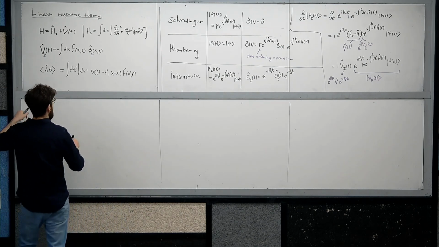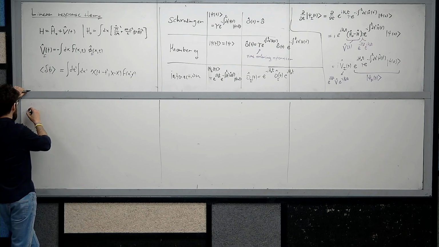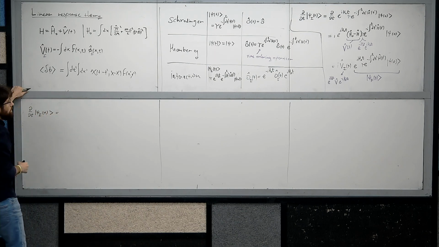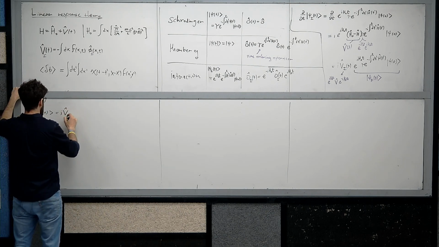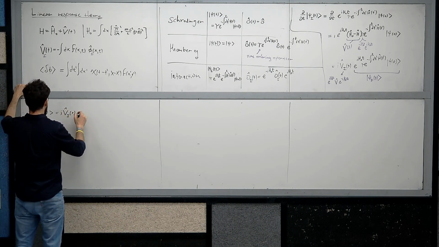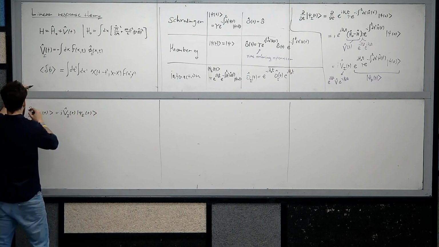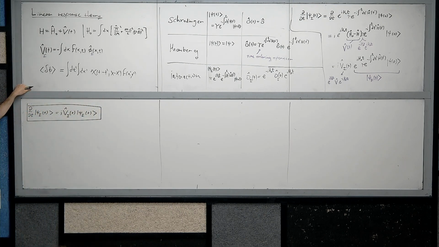So the end result that we get is that d dt psi interaction of t is equal to i V interaction of t, psi interaction. And that's this surprising result.